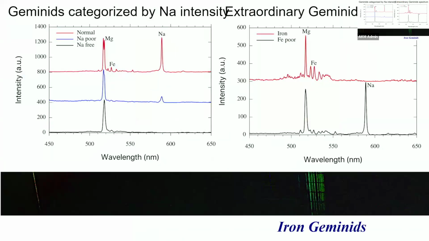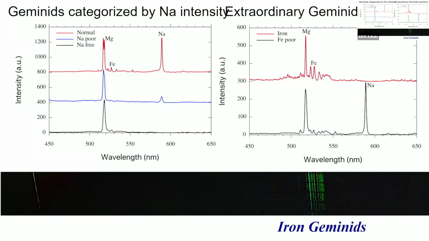Before explaining, I will show real spectra of Geminids. Here the left-hand top panel is sodium normal. As you see, magnesium, iron, and sodium appear in the normal meteor. In sodium pure, sodium is very weak, and in sodium free there is almost nothing.